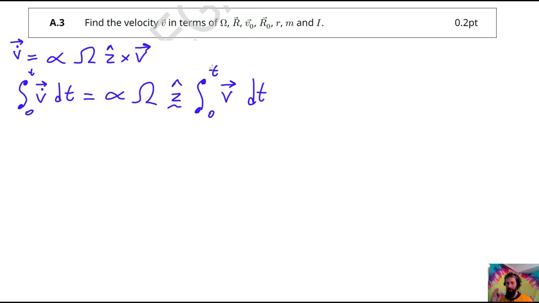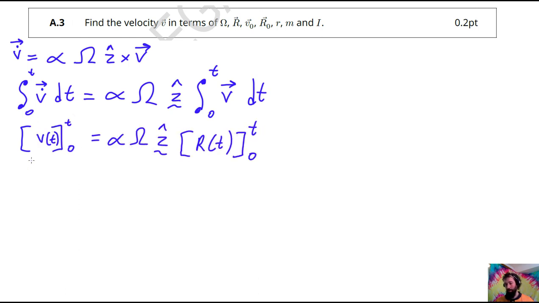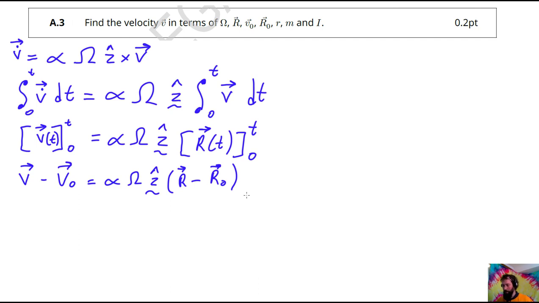So we're going to do what the velocity is at the current point in time minus the initial velocity. So this bit essentially just becomes v at the current time, and this bit becomes r of t. So then when we substitute in for the 2 times, we're just going to get v, which depends on time, minus v naught.